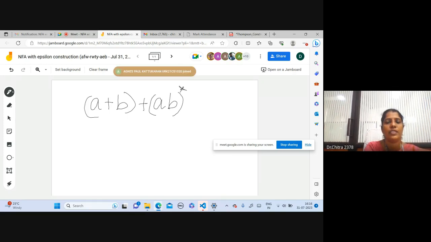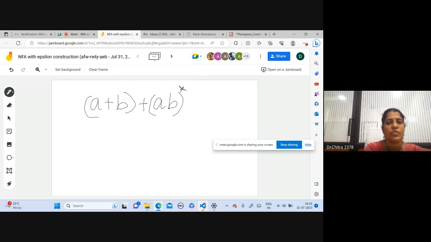Now I am going to construct the NFA for this one by using the Thompson construction. So we are going to solve this one by the Thompson construction.